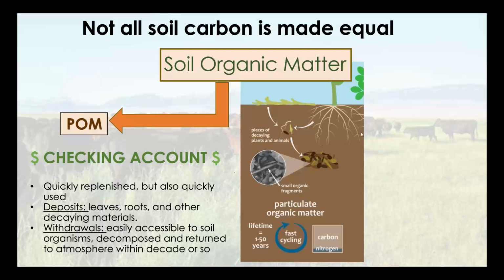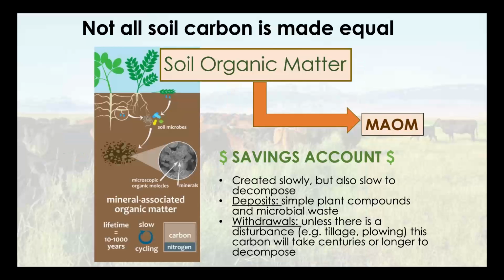So every payday, this is replenished, but it's also used much more quickly. These withdrawals are a function of its accessibility. They're accessible to soil organisms for decomposition, and then they're returned to the atmosphere more quickly, within a decade or so. On the other hand, MOM is more like the savings account.